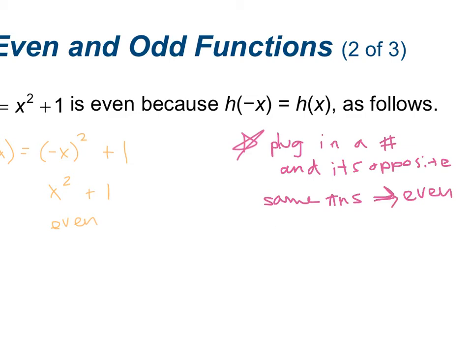If we get opposite answers, meaning if we got 8 and −8, so a number and its opposite would be its negative, then it's an odd function. And if we got different answers, then it's neither.